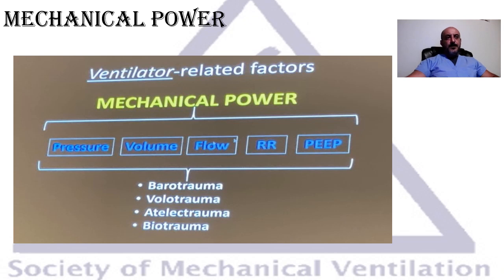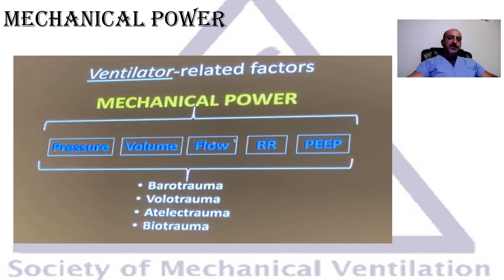So, mechanical power and the components of the mechanical power. This is from a lecture by Dr. Gattinoni, and the components of mechanical power are basically every setting we set on the ventilator: pressure, volume, flow, respiratory rate, and PEEP. And this is all supposed to contribute to barotrauma, volutrauma, atelectotrauma, and biotrauma.